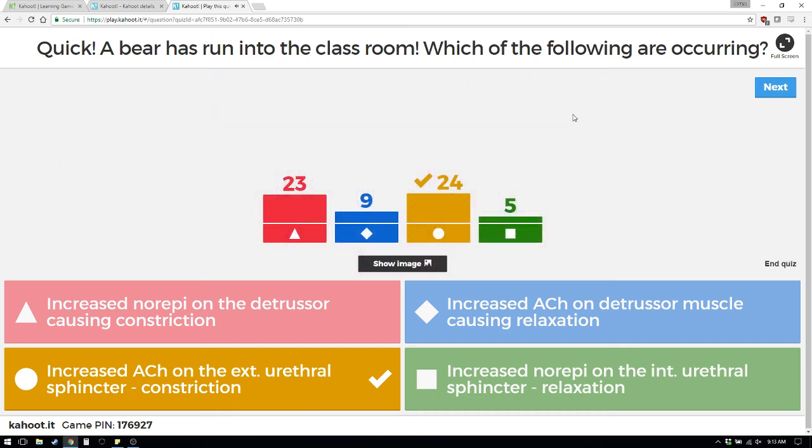Let's work through this to make sure we know why the correct answer is what it is. Increased norepi effect. When a bear pops through, hopefully most of you should have a fight or flight response, correct? Most people just love bears and want to snuggle up with them. In which case, you should have a released norepi, right? So increased norepi on the detrusor muscle, should that cause constriction? No, it should actually relax that, right?